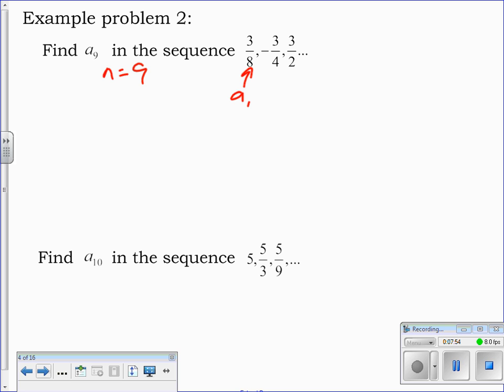And then you have to figure out what r is. Okay? What do I multiply 3/8 by to get -3/4? The easy way, or a way to do it for sure. Do that. Your calculator will do this as a fraction and give you a fractional answer if that's what it should be.